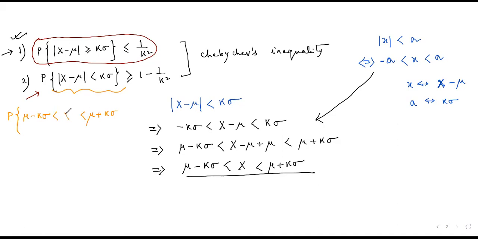What you are going to do is calculate the probability that your random variable x will fluctuate between mu minus k sigma and mu plus k sigma. And Chebychev's inequality tells us that this probability will be greater than or equal to 1 minus 1 by k square.